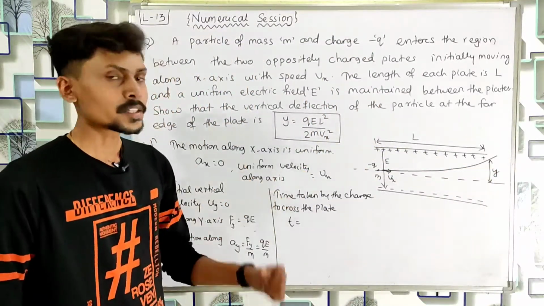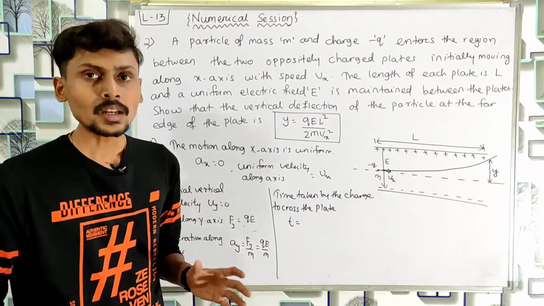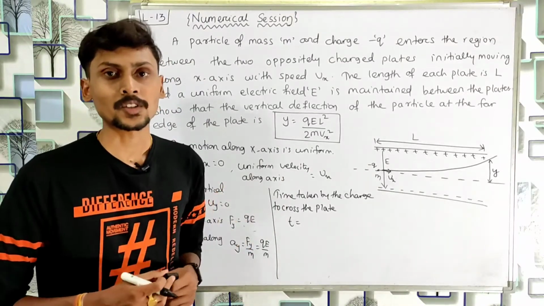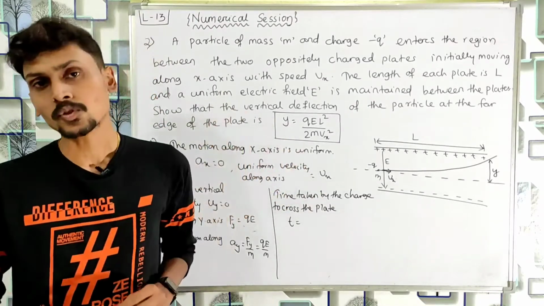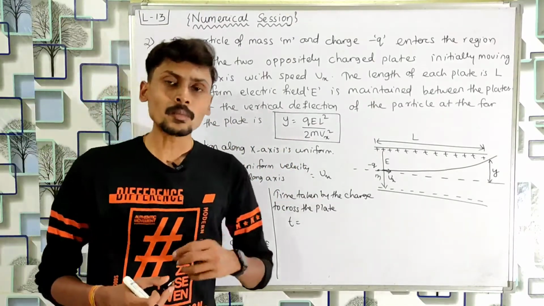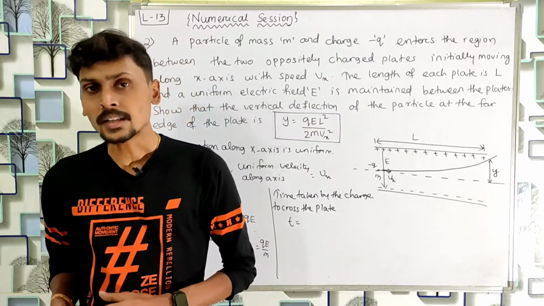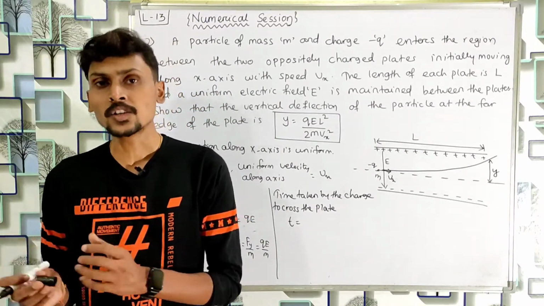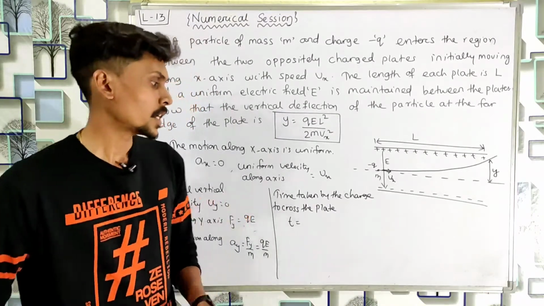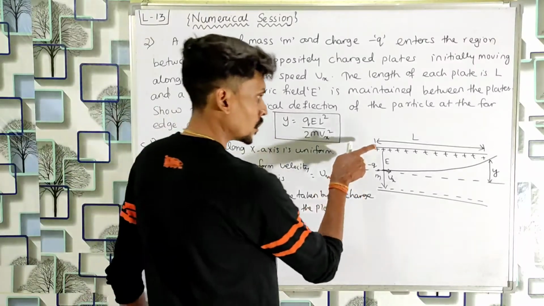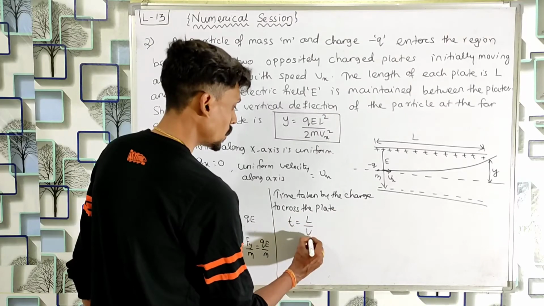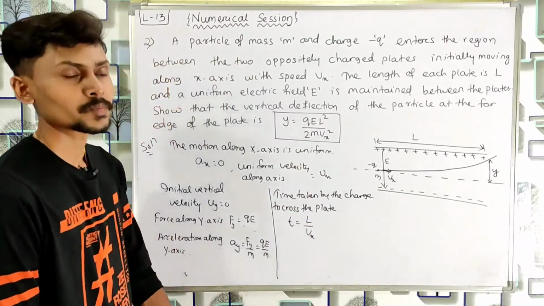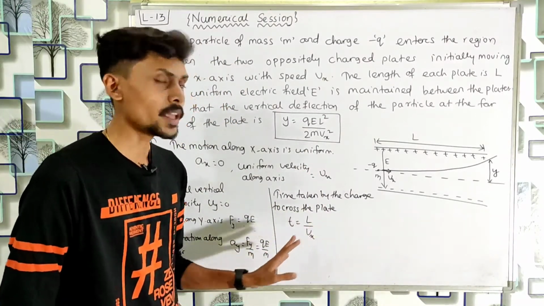So to calculate the time, we have to consider the motion along the x-axis, which is uniform motion, and in case of uniform motion, the formula is time t is equal to the total distance covered, that is L, divided by the uniform speed, which is Vx. So t is equal to L by Vx.